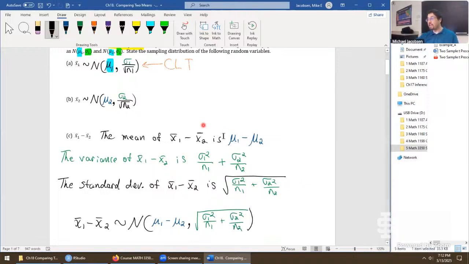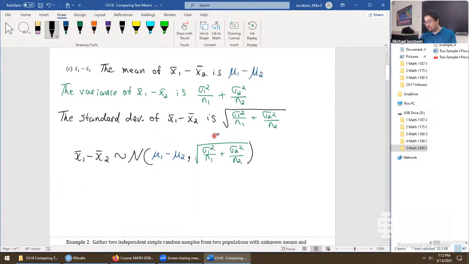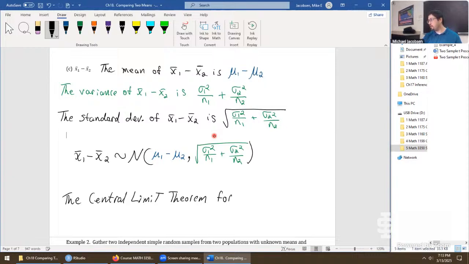This gets us started, and now we can call this result here the central limit theorem for a difference in sample means.